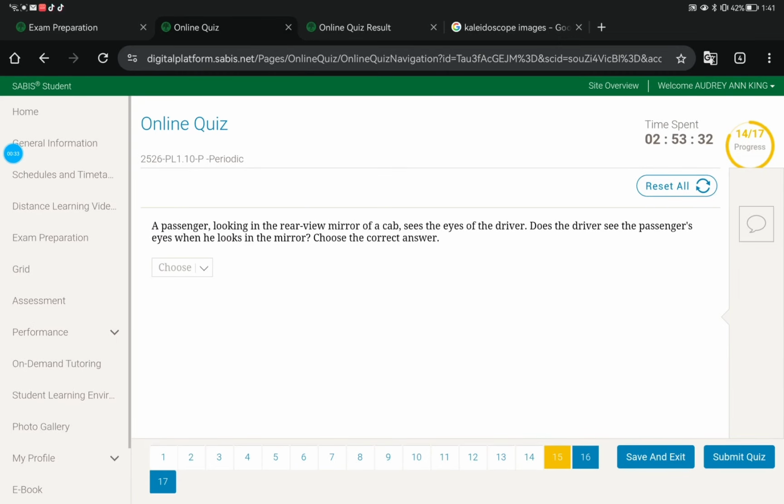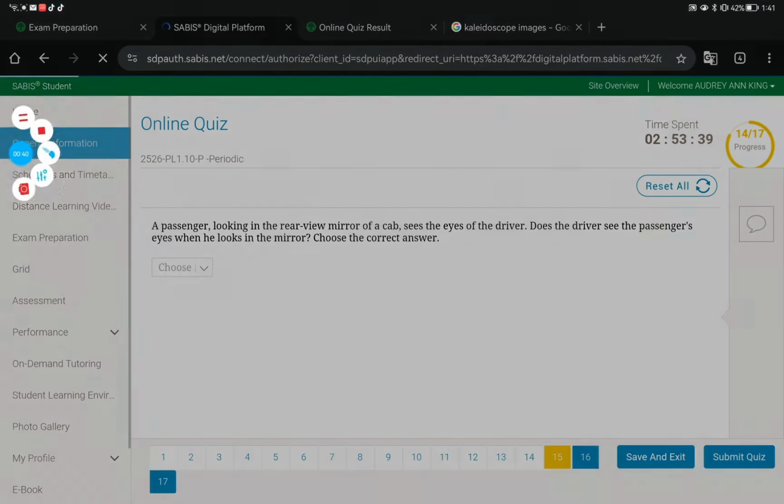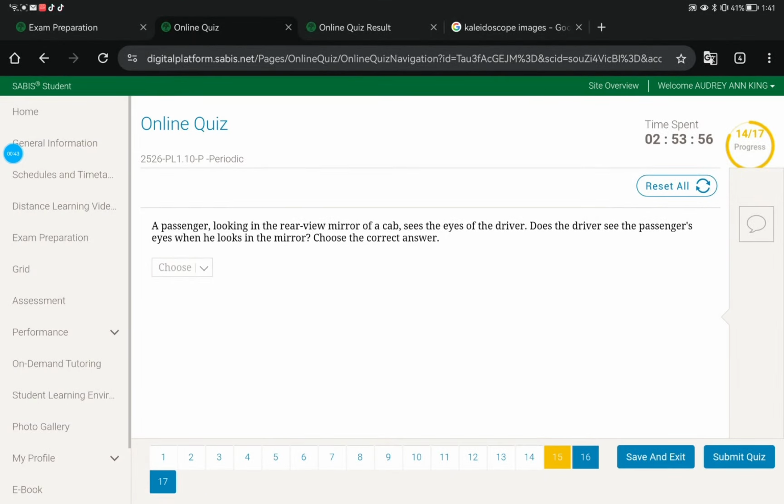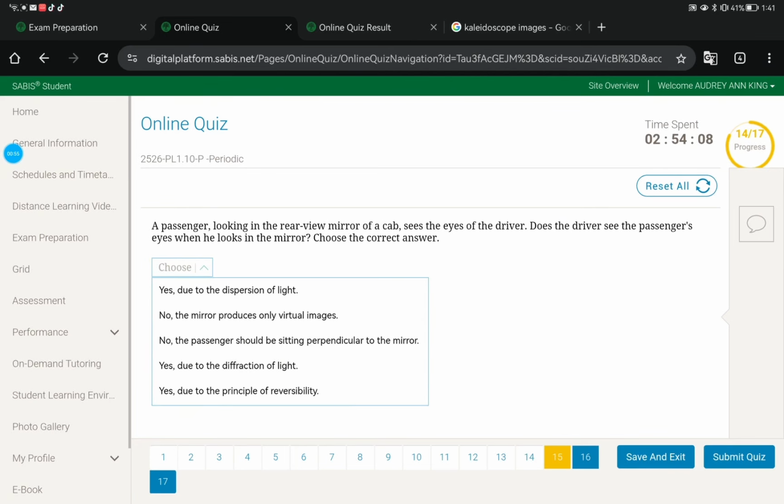A passenger looking in the rearview mirror of a cab sees the eyes of a driver. Does the driver see the passenger's eyes when he looks in the mirror? Okay, so when you look at yourself in the mirror and then someone stands behind you, they can see you in the mirror as well as themselves. So it's kind of reversible.